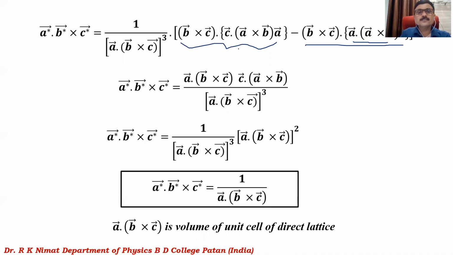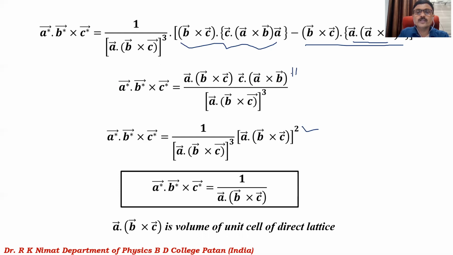So I can write this by taking the dot product with this B cross C, and I can write this as vector A dot vector B cross C into this vector C dot vector A cross vector B. But we know that vector C dot vector A cross B can be changed by interchanging dot and cross in cyclic order, so that it will be vector A dot vector B cross C. So it will be vector A dot vector B cross vector C, bracket squared.